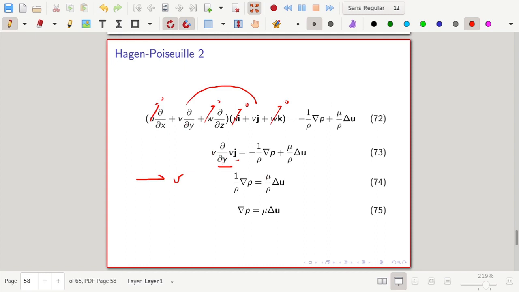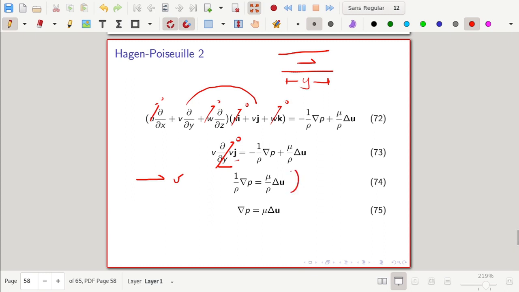We have a variation of the velocity in z, as we're going to show, but the velocity vector cannot vary in the distance y, because if it varies, it would mean that the fluid is compressible, which is not the case here. So this term here is actually 0.